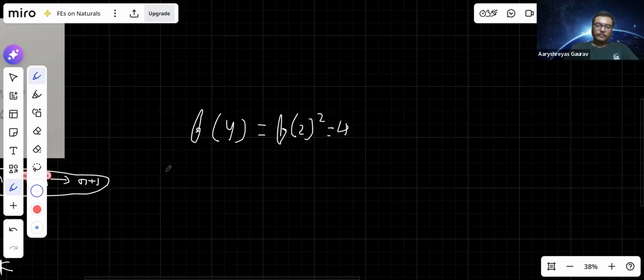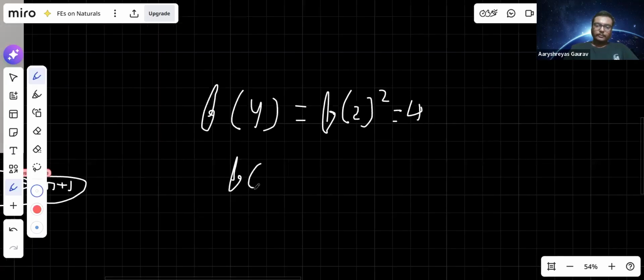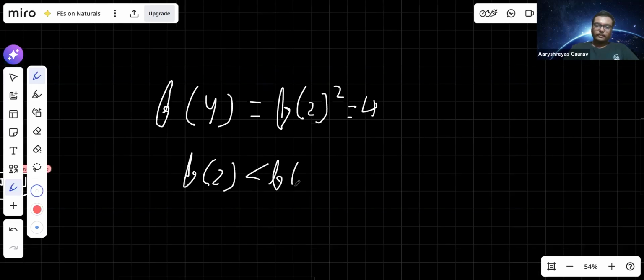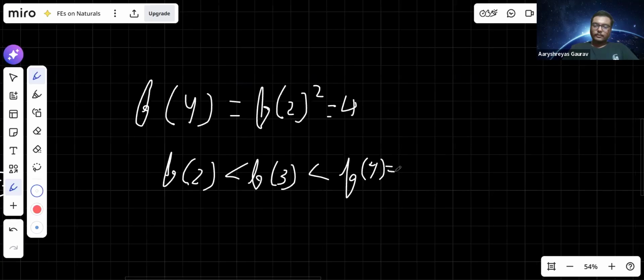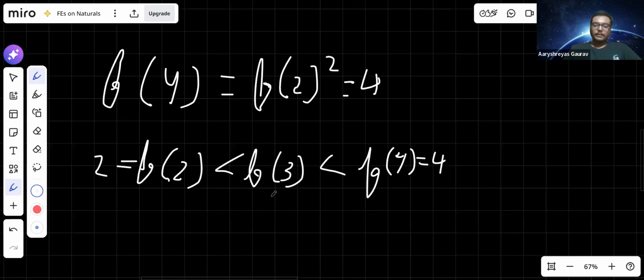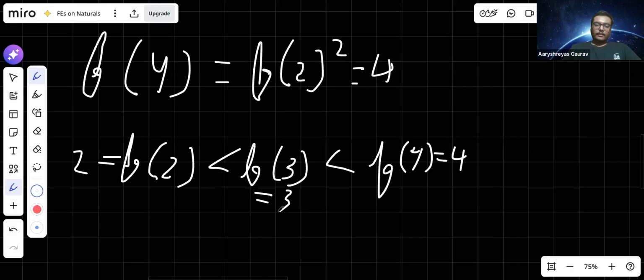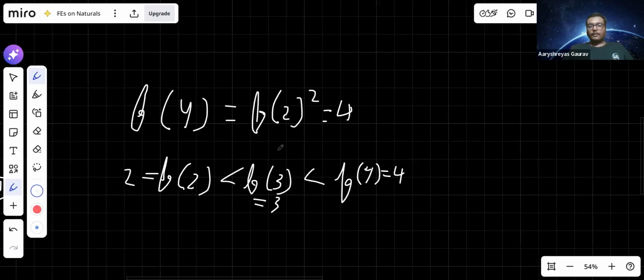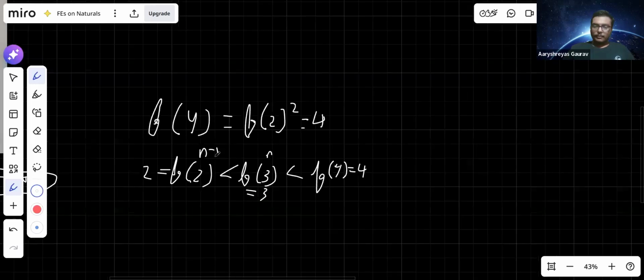And because of this, we know that f of 2 is less than f of 3 is less than f of 4, where f of 4 is 4 and f of 2 is 2. And because of this, f of 3 is equal to 3. We have got a n and a n minus 1 to begin our induction.